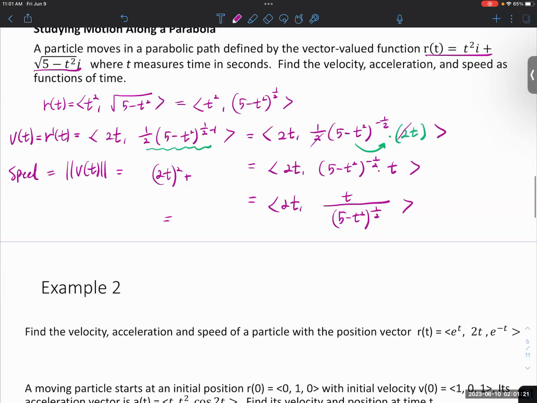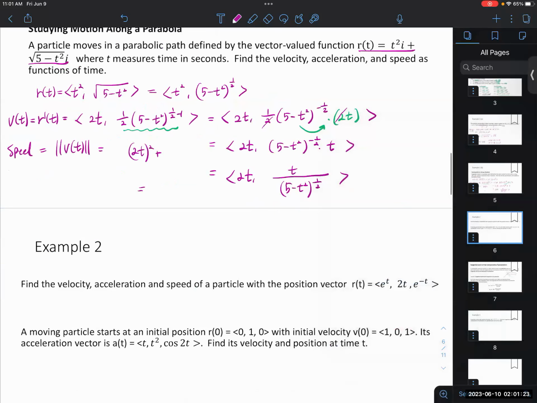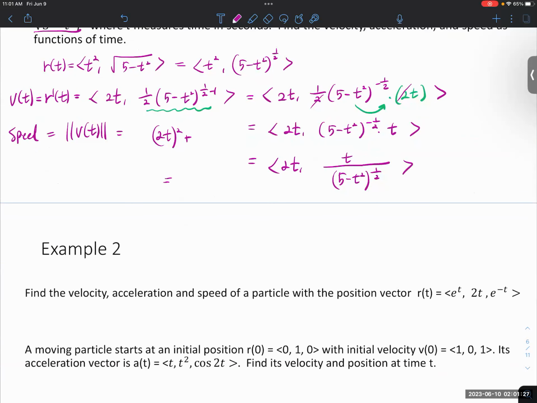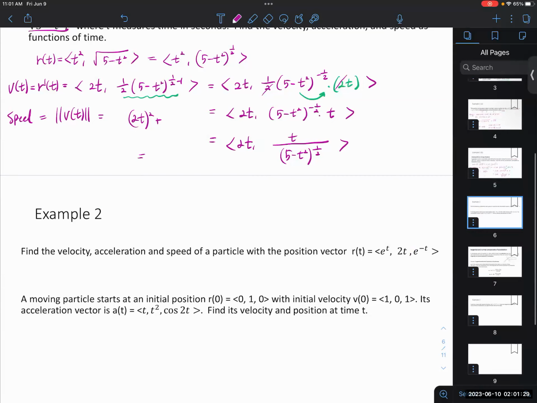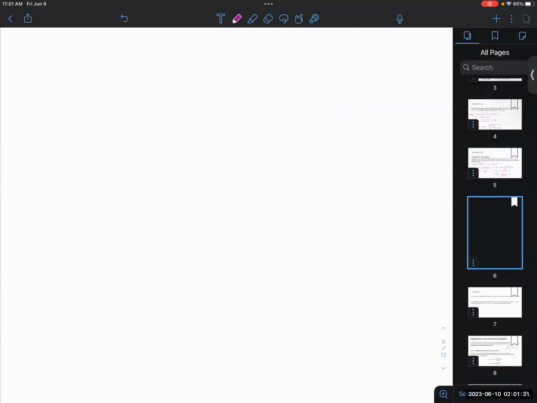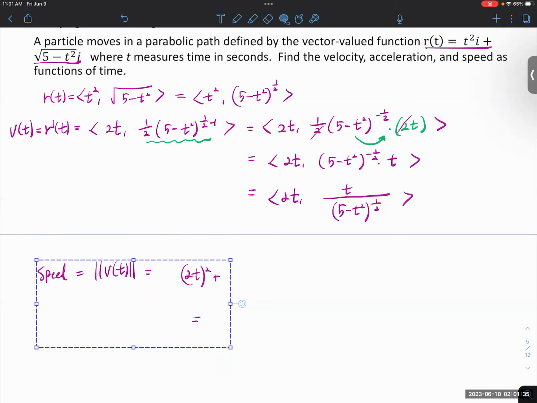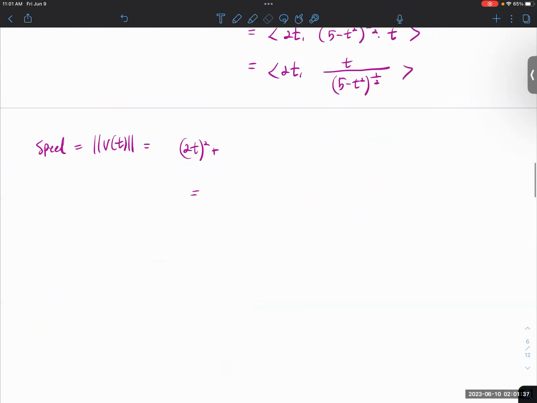Now let's do the speed. So let me make a space under here. So I'm going to bring this one down for the speed. So now we're going to find out the speed function. Speed will be, we have 2t and then t over 5 minus t squared to the half, and you're going to have a second power with the radical.